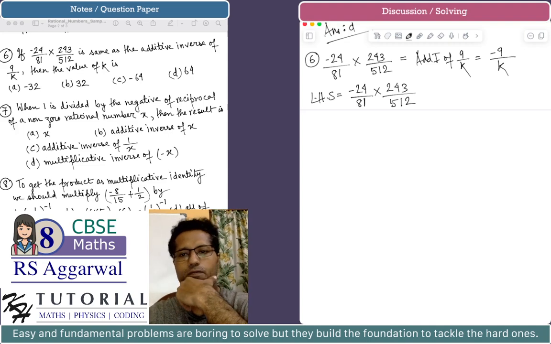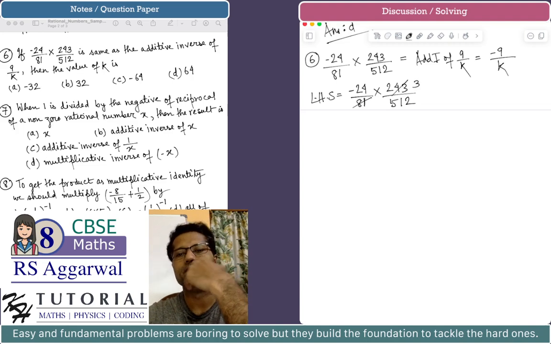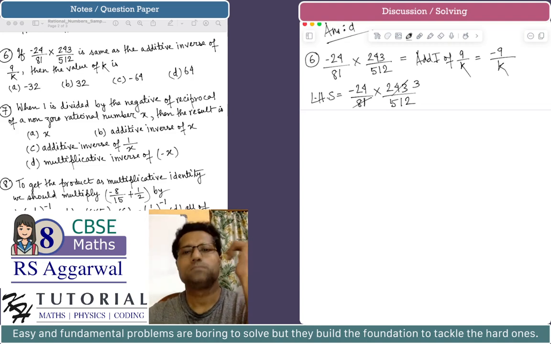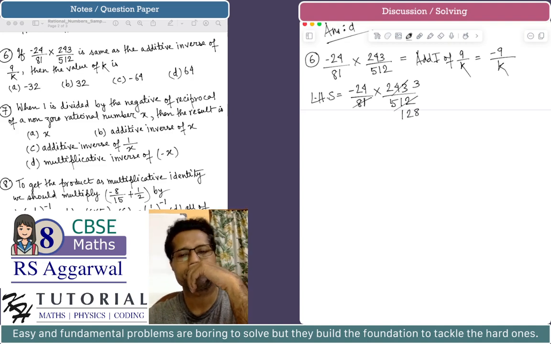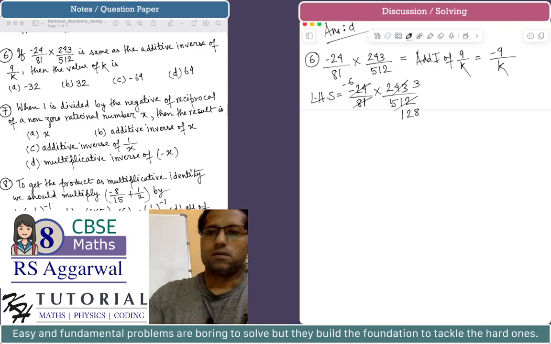Now how can we do the cancellation? Okay, so 81 divides 243 with 3, and 4 divides 512 with 128, and 4 divides minus 24 with minus 6.